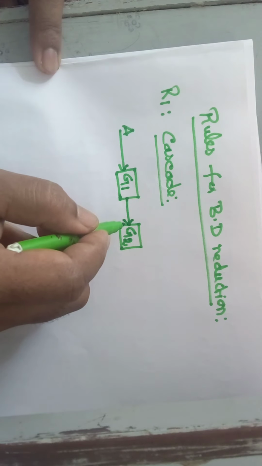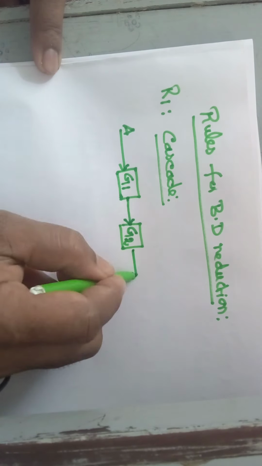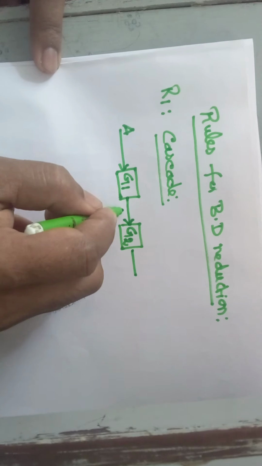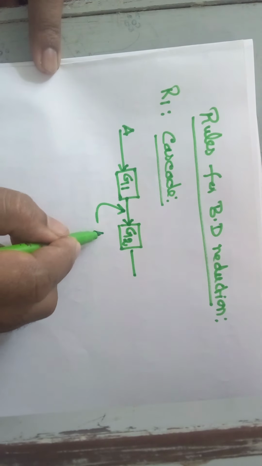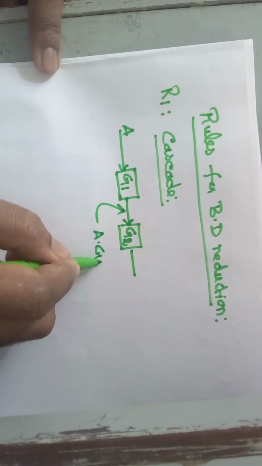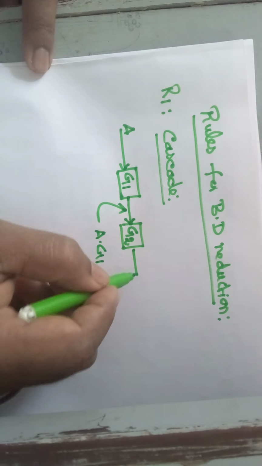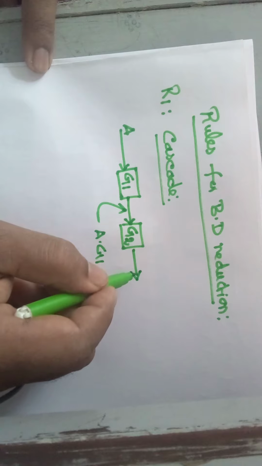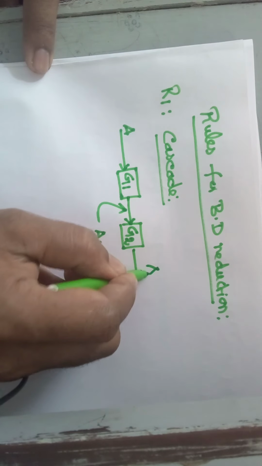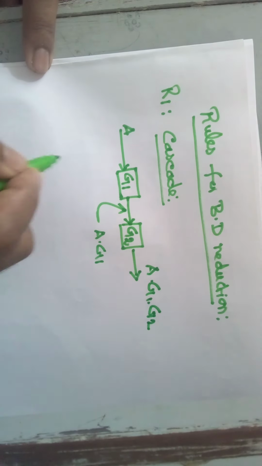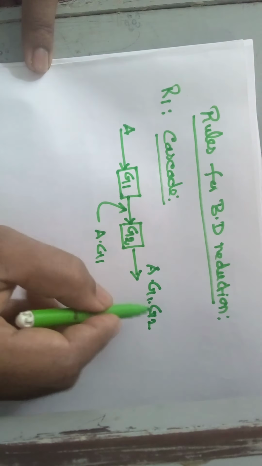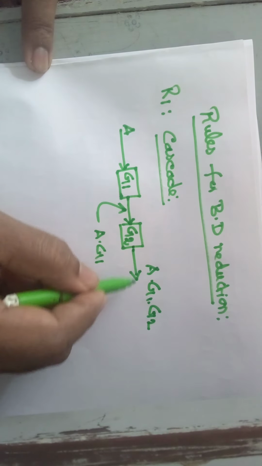Therefore the output at this point is A into G1, and the final output is A into G1 into G2. This is the final output from the second block.